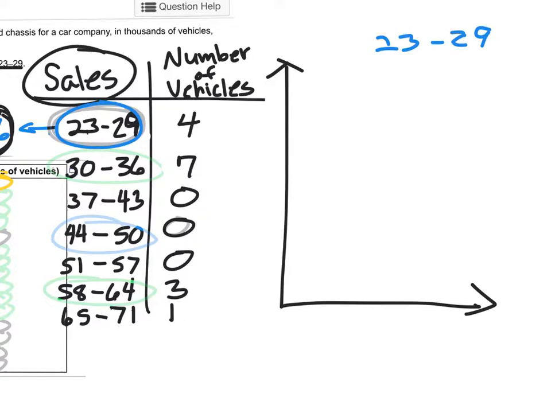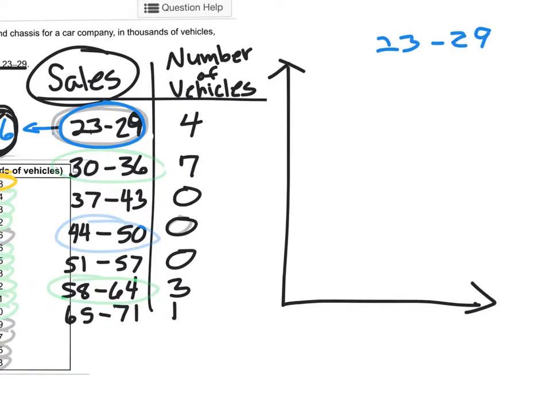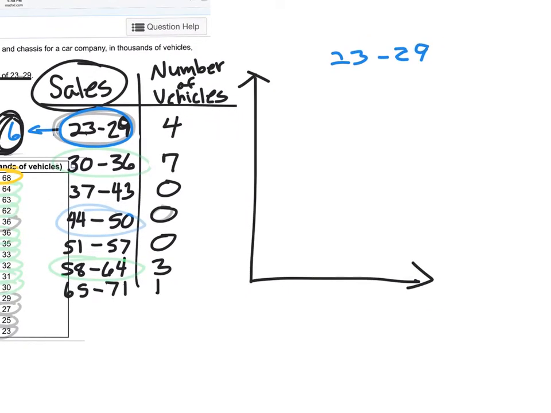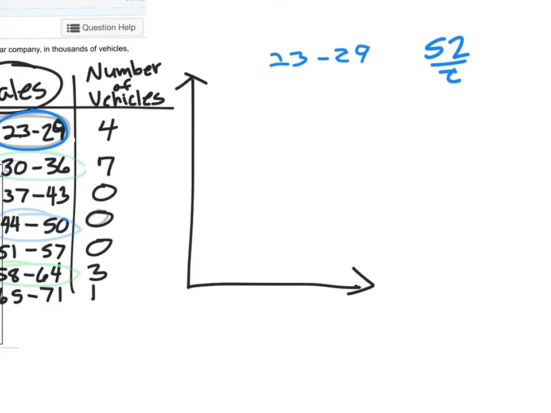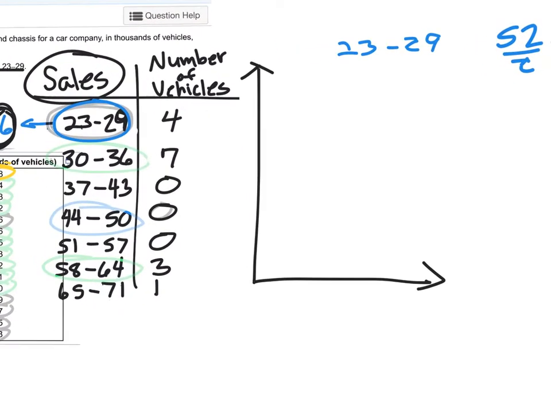I personally think the easiest way is just to find the mean of those two numbers. So I would add together 23 and 29, and I would get 52, and then I would do 52 divided by 2, and that would give me 26. So the midpoint of that very first class is 26. That is actually going to be the midpoint of your bar when you're making your bar graph.